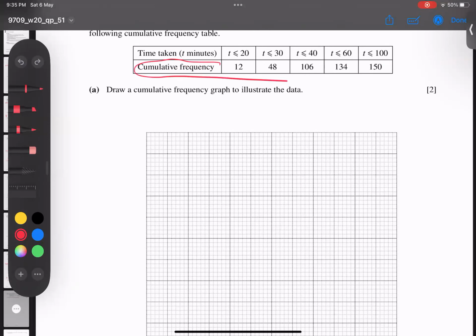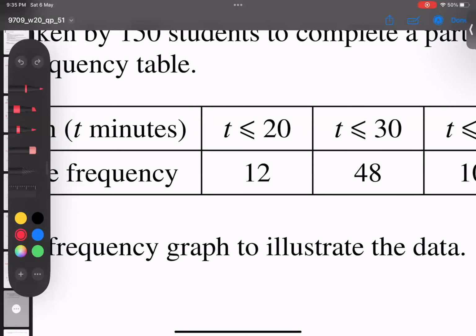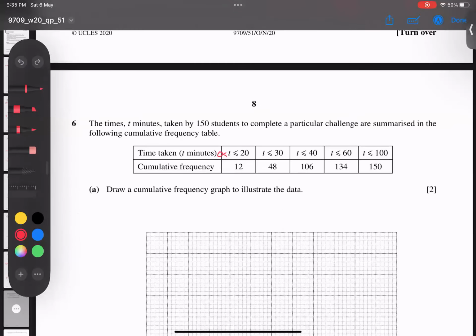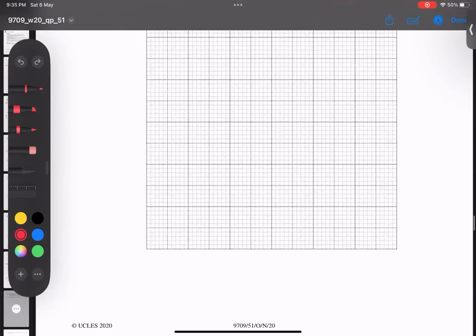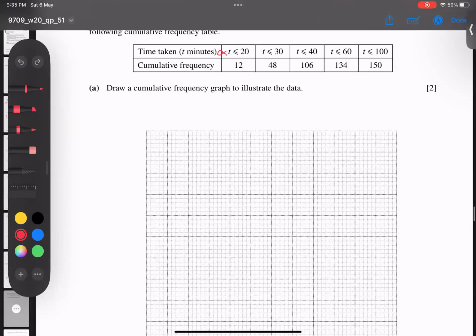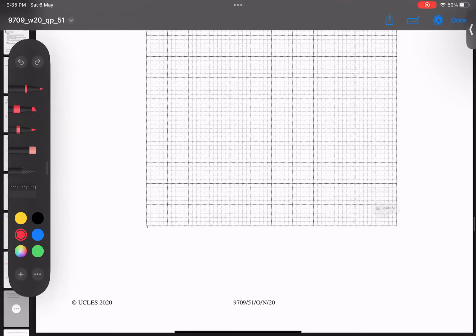Cumulative frequency always goes along the y-axis, and the time always goes along the x-axis. I can introduce here 0, and this 20 I can introduce here. So what is along the x-axis? Values up to 100: 10, 20, 30, 40, 50, 60, 70, 80, 90, 100.